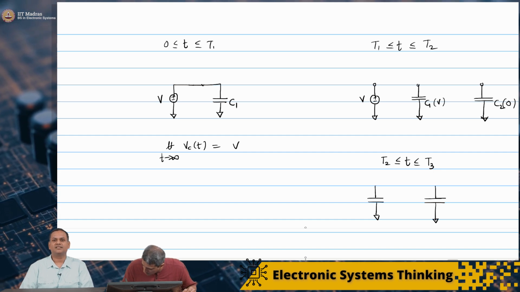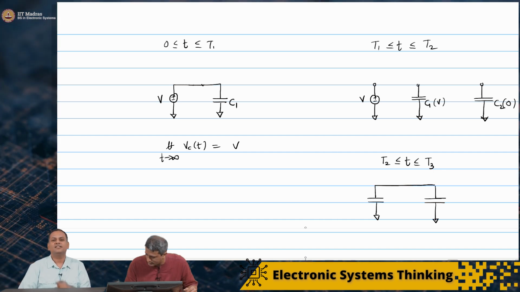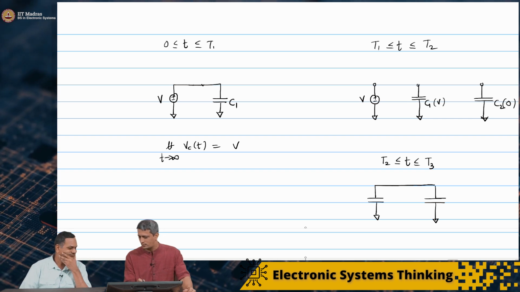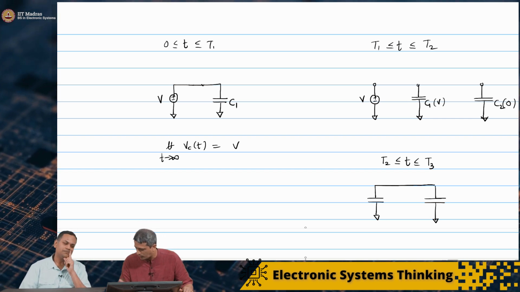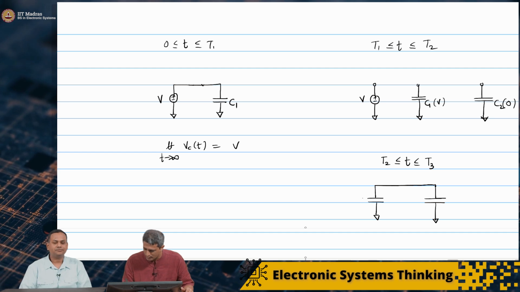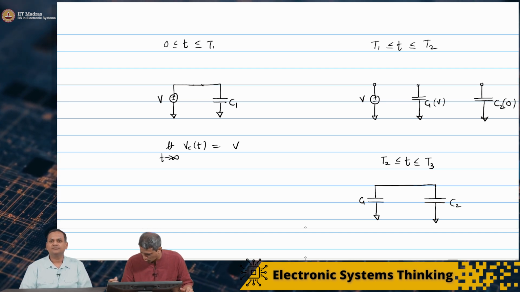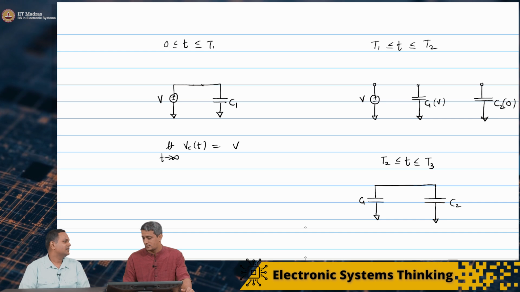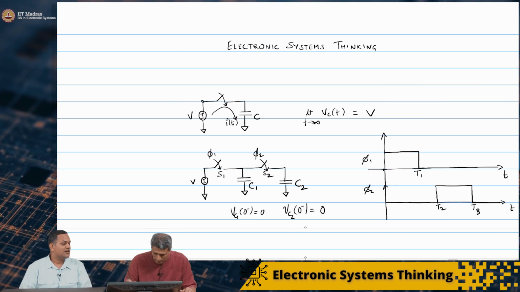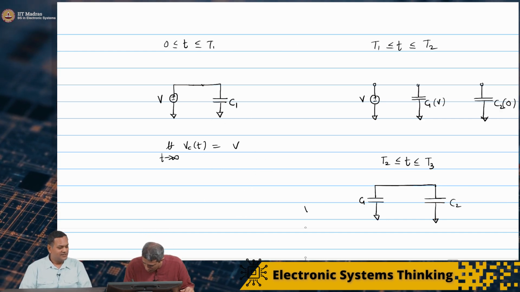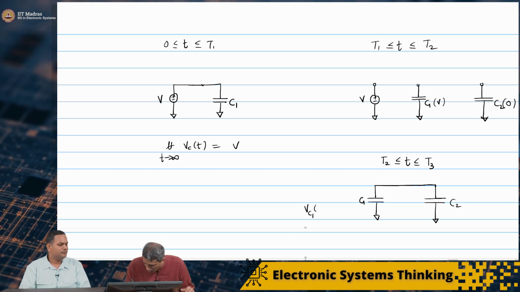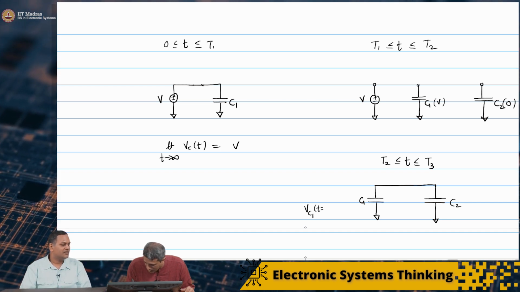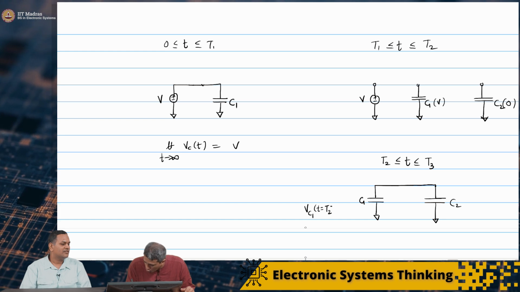So this switch S2 is on. I'm not drawing the voltage source V because it's not part of this circuit. C1, C2. And we can maybe write down that VC1 of T equal to T2 minus.